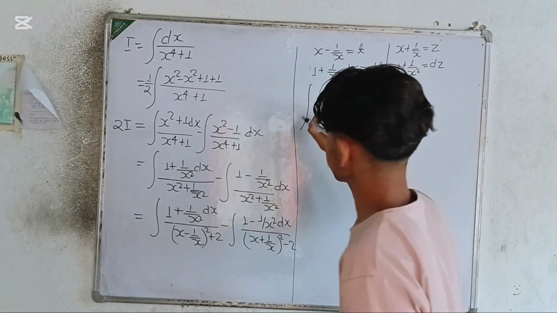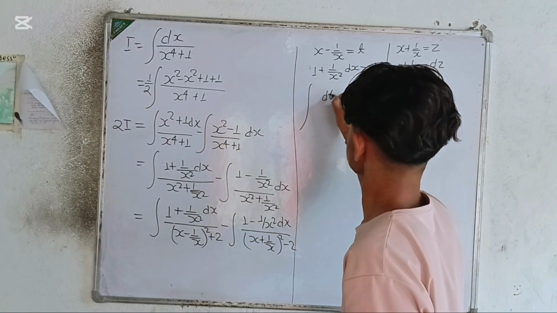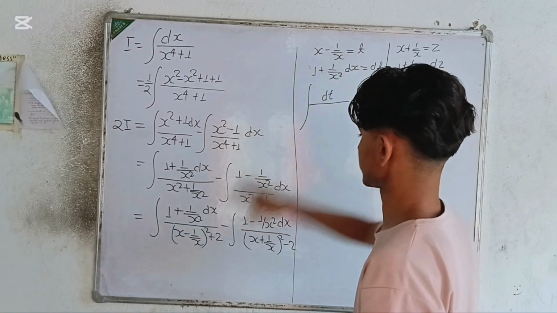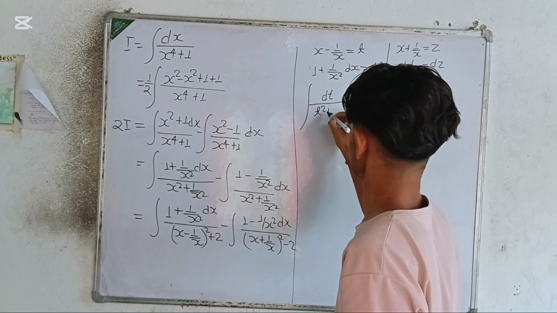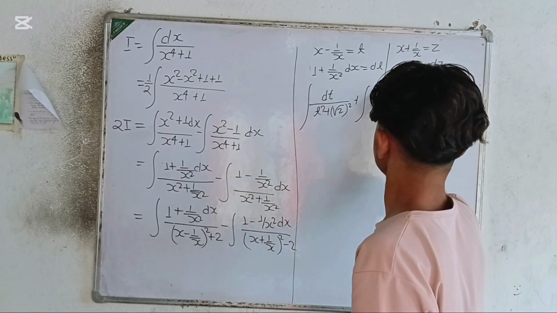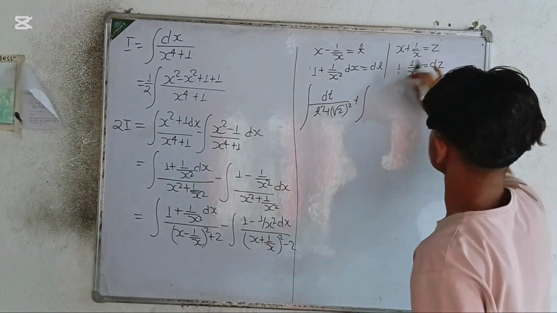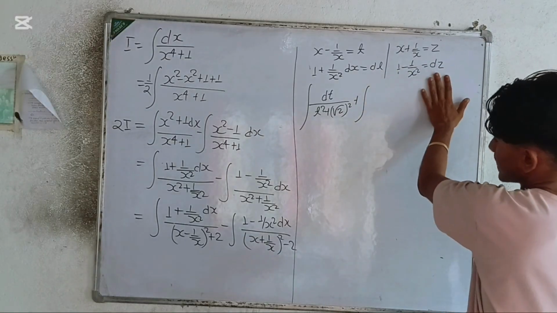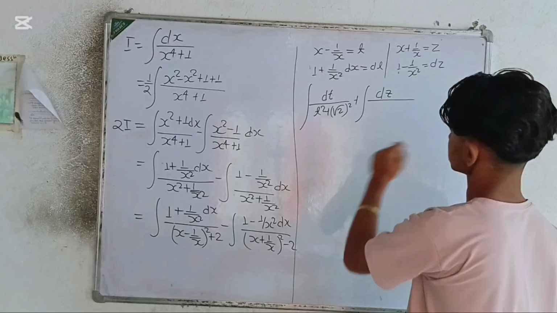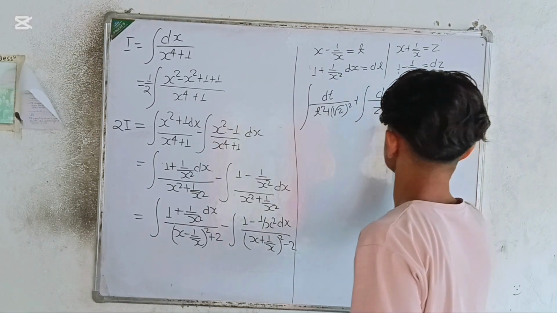So our integral is going to be 1 plus 1 over x squared dx, which is dt, divided by this term x minus 1 over x, which is our t, so t squared plus root 2 squared, minus an integral in terms of 1 minus 1 over x squared dx, which is dz, and in terms of x plus 1 over x this is z squared minus 2.